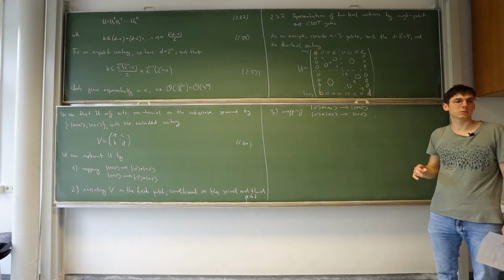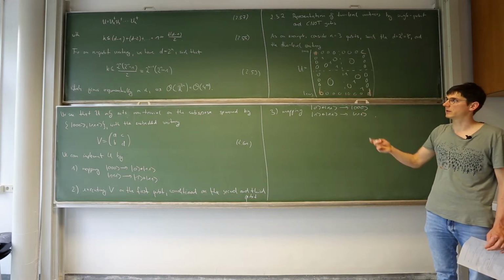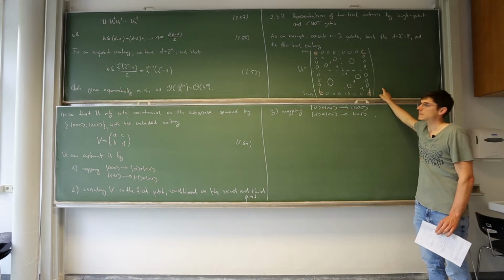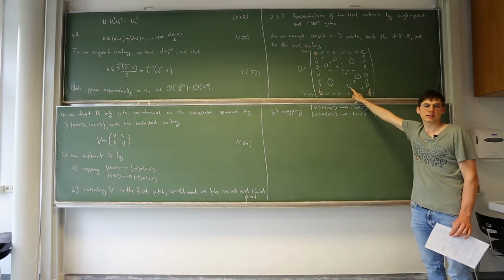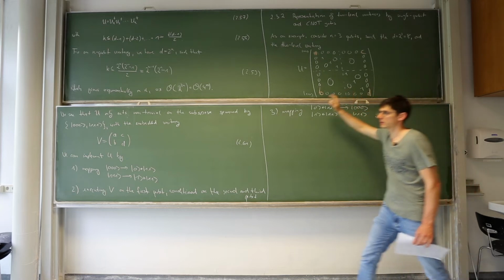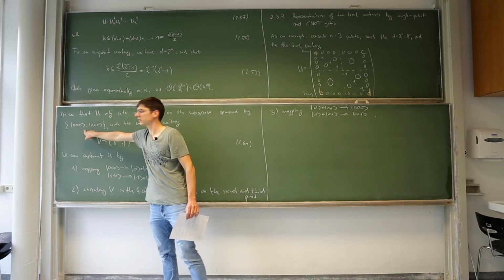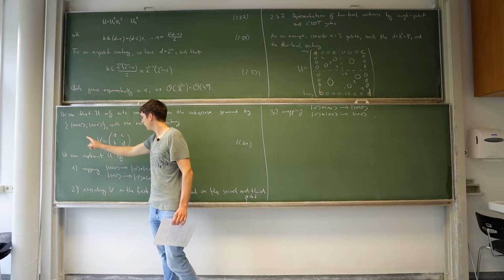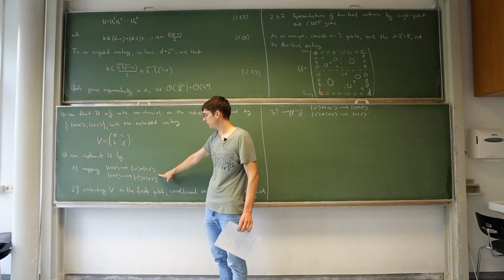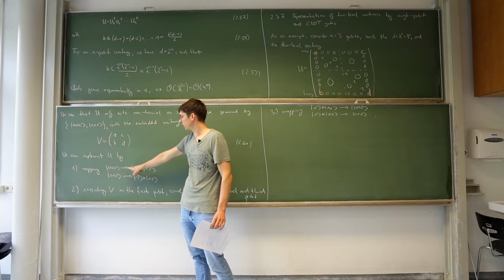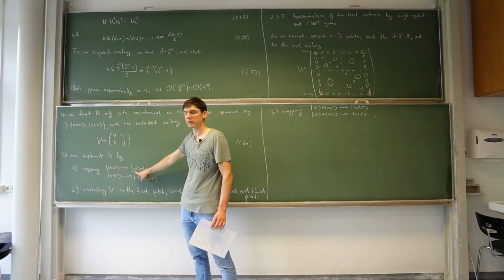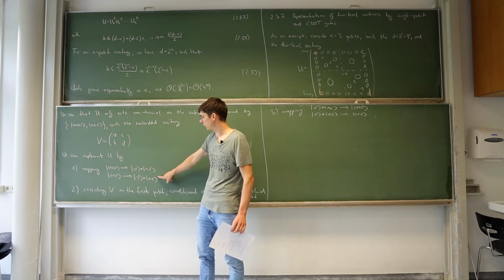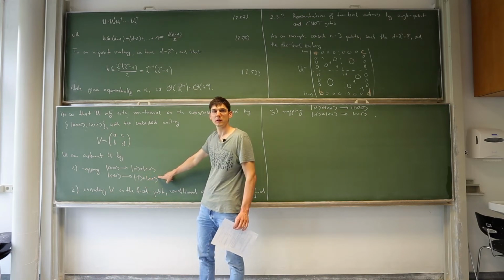So if we proceed in this way, then we can implement this two-level unitary. Let me say it again. We take the subspace in which this unitary is acting non-trivially, spanned by these two basis states. Then we map this onto these states such that the first state is 0 in the first qubit, and the second is 1 in the first qubit, and they coincide in all the other qubits.